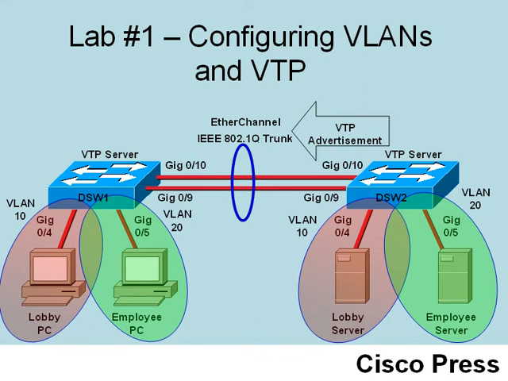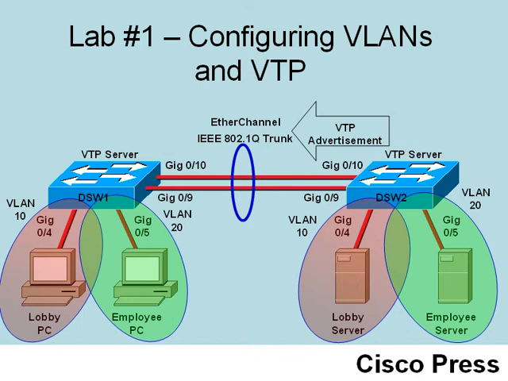Then, once the switches know about the existence of these different VLANs, we're going to conclude this lab by assigning switch ports to those VLANs. For example, on DSW1, we want port gigabit 0/4 to belong to the lobby VLAN, which we will number VLAN 10. And we want gigabit 0/5 to belong to the employee VLAN, which we will number VLAN 20.